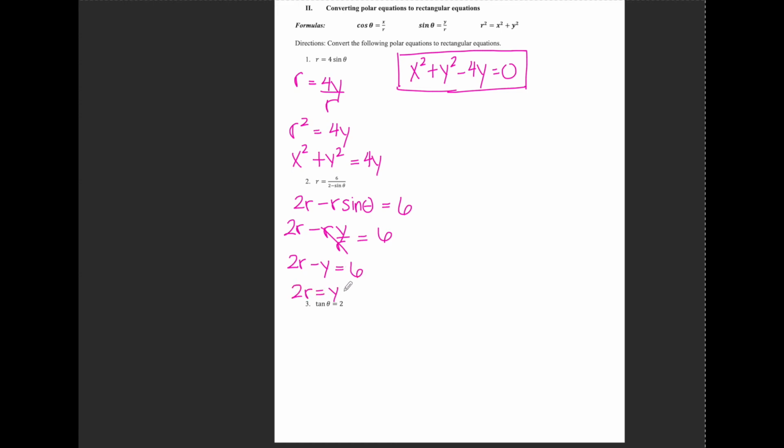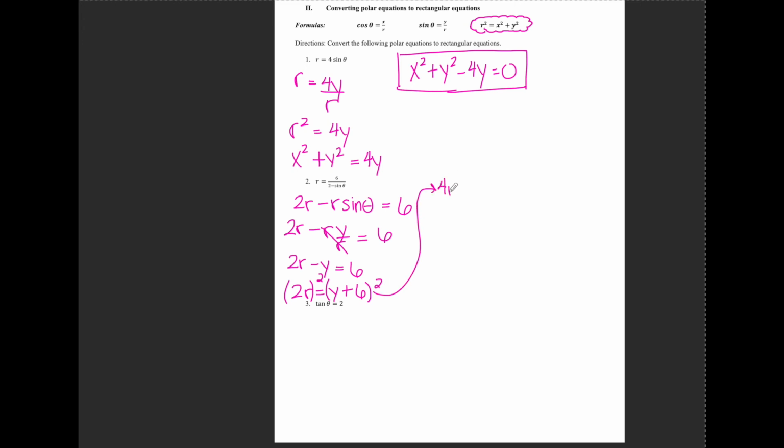If I add the y over, I have 2r is equal to y plus 6. The only thing I need to get rid of now is the r, but the only formula that I have that has an r in it by itself without any sine or cosine is r squared equals x squared plus y squared. So what I'm going to do is just square both sides of this equation.